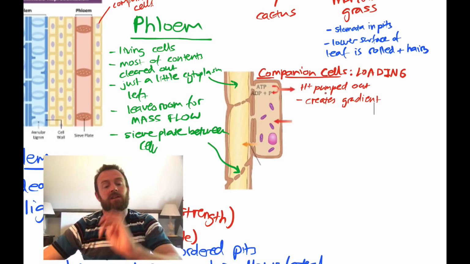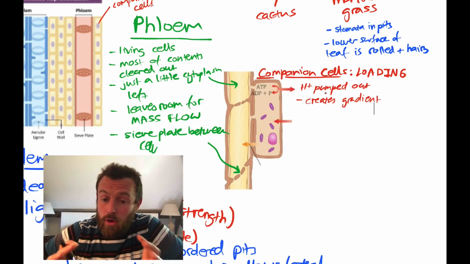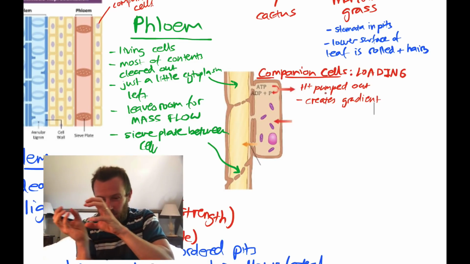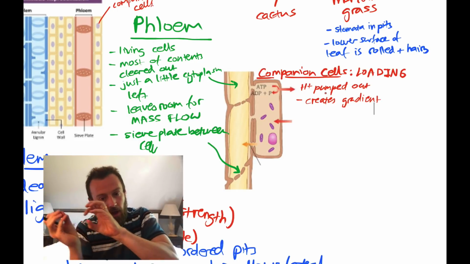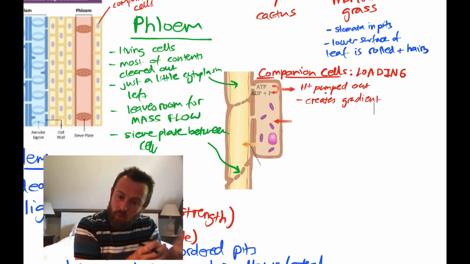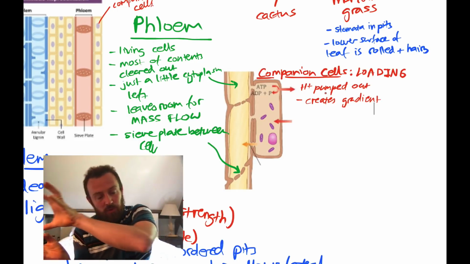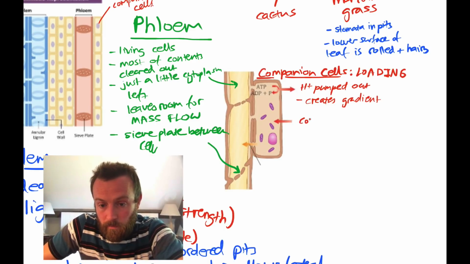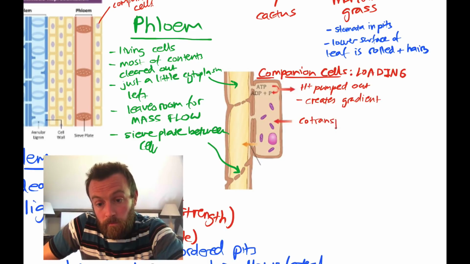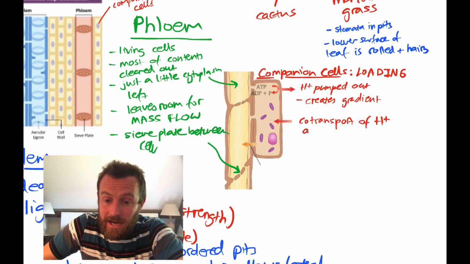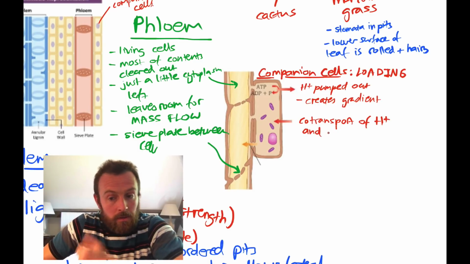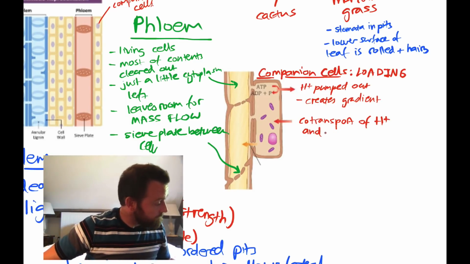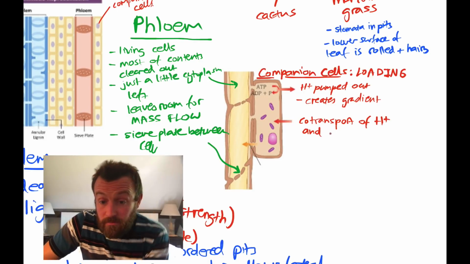But this involves something called co-transport. Every time an H+ ion wants to come back into the cell, it goes via a carrier protein and it carries with it sugar. So H+ can only enter if it brings sugar with it. So this is co-transport of H+ and sugar together. Is it sucrose together? Sucrose.